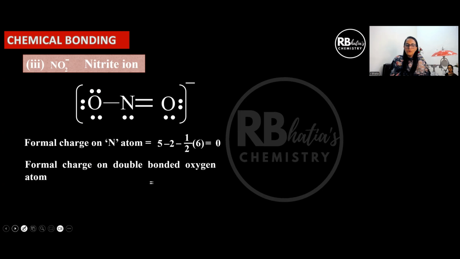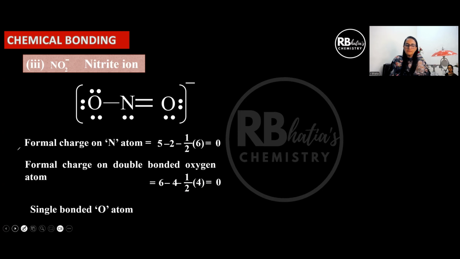Similarly, for formal charge on oxygen, double bonded oxygen is going to be 6. 6 is valence electrons. 4, you can see unshared electrons, 2 and 2, 4 put here, right? And minus half of, just give it a thought, half of what? Half of 4. Why? Because we can see 2 bonds around this oxygen, which means 4 electrons. So we get it as 0.